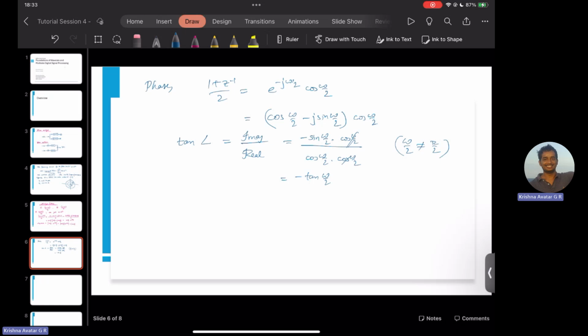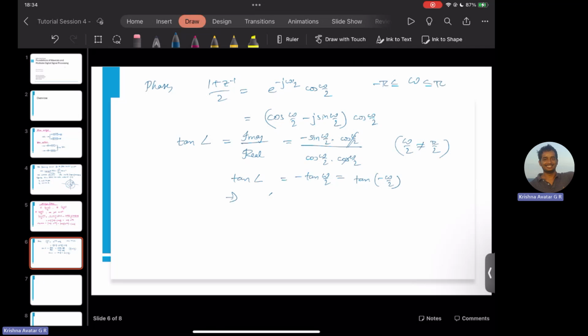And when you take a look at this, say we bound omega on both sides by plus and minus pi. In this range, tan of the angle can be written as tan of minus omega by 2.